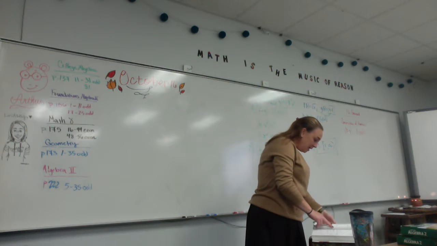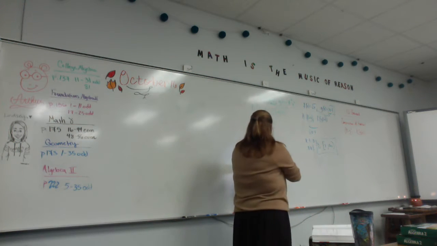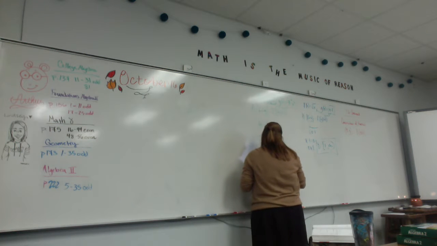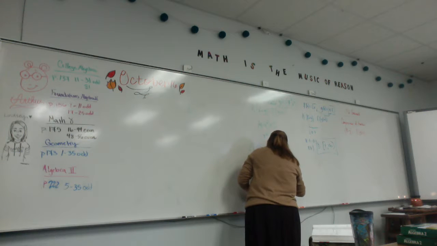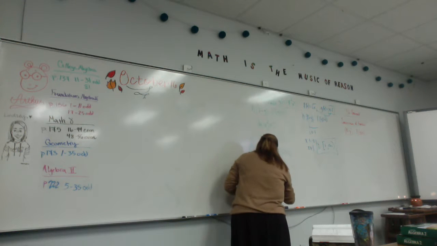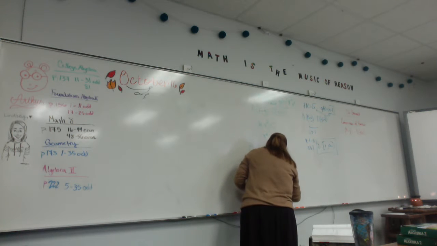So from here, I have to expand first. Technically, I have 4 minus x plus 2 times x plus 2. x times x is x squared. 2x and 2x is 4x, and then I get plus 4.